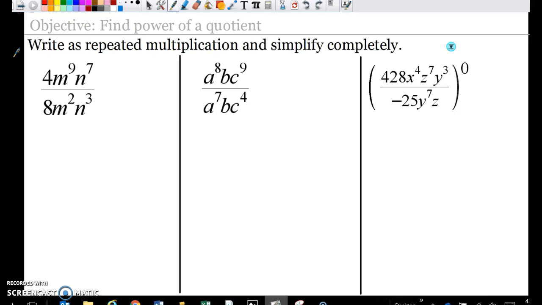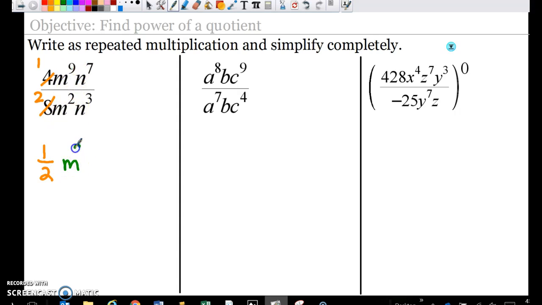All right, simplify completely. So we have 4 divided by 8. I can simplify that, right? 4 and 8. Divided by 4 becomes 1. Divided by 4 becomes 2. So 1/2 is the simplified fraction out front. Now let's go to the m's. M to the 9 divided by m to the 2nd.